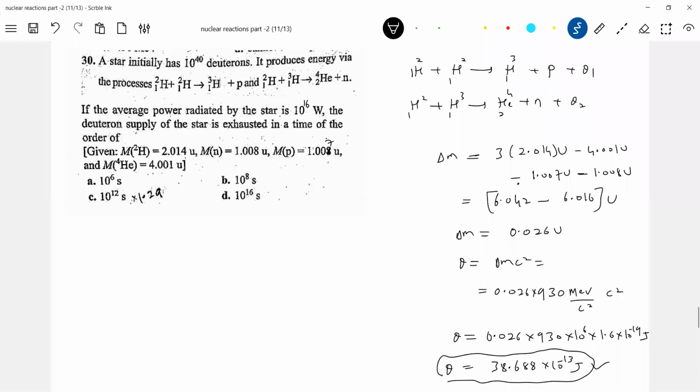Now 10 to the power of 40 deuterons, per reaction 3 are there, no? 10 to the power of 40 by 3 into this much, you'll get the total energy. So this is the total energy released by the deuterons.